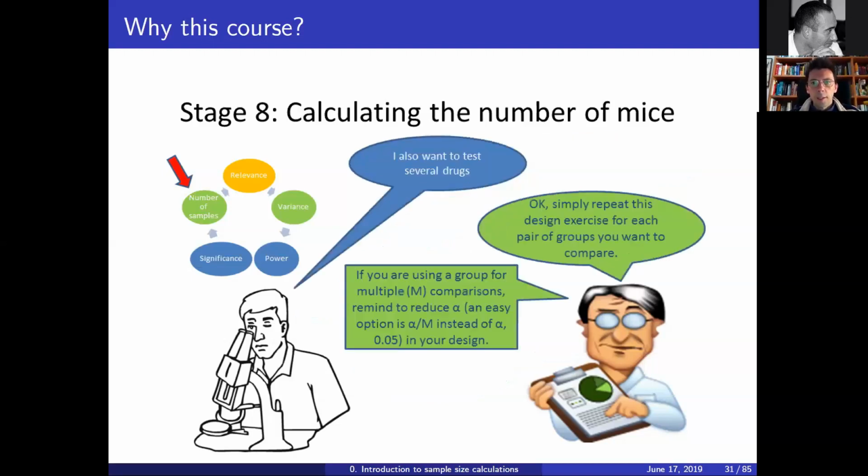And then you will replicate that experiment the number of times for the number of drugs that you want. Okay, so if you are testing several drugs, especially this applies when you are testing many of them at the same time, there is an effect that is called the type 1 error inflation. So let's say that you are doing 100 experiments at the same time.